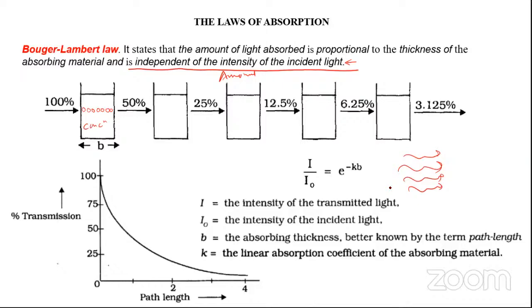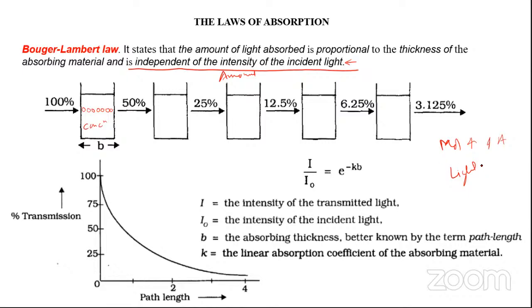Essentially, absorption depends upon two entities, right? One is the molecule of your interest, and second is the light radiation striking, correct? So if the number of molecules increases, they cause an increase in absorption.